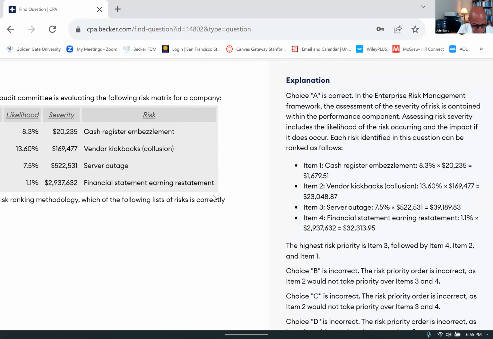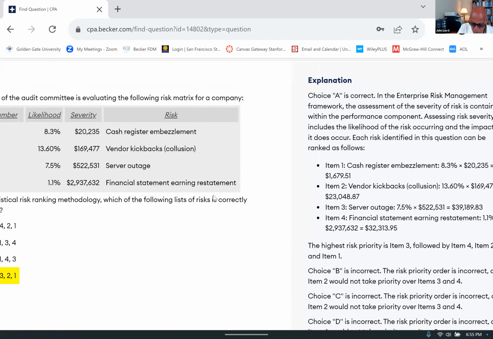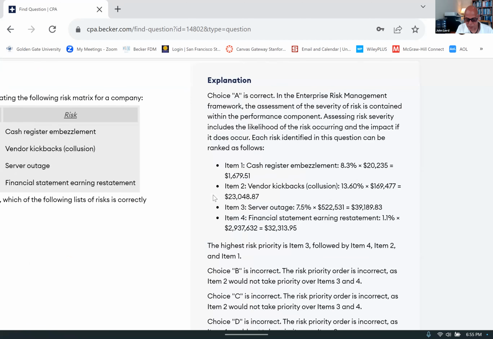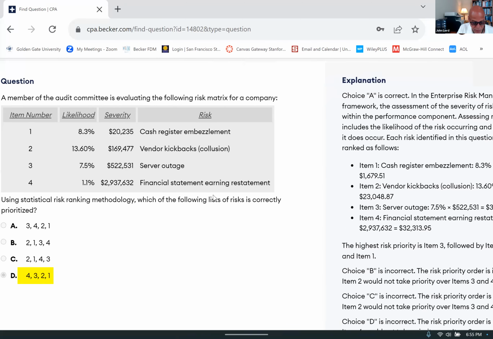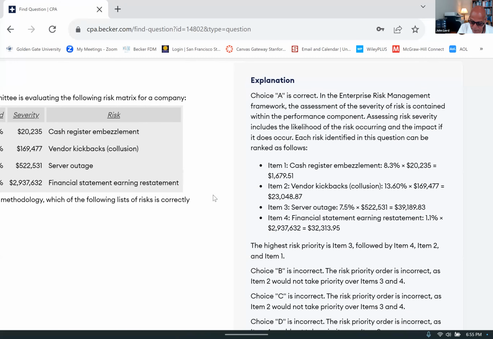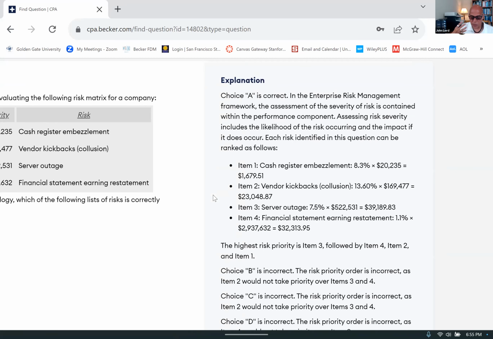You can see, because of the 8.3 associated with the $20,235 loss of the cash register, the correct order was 3. 3 was the most impactful because it took the 7.5% on this 522,000, and that came up with the largest expected value of this bad thing.